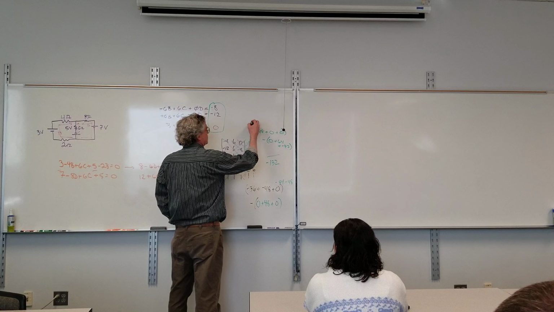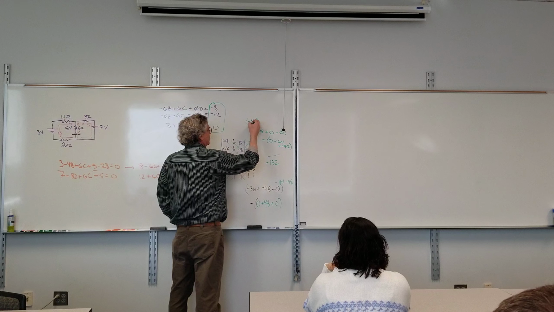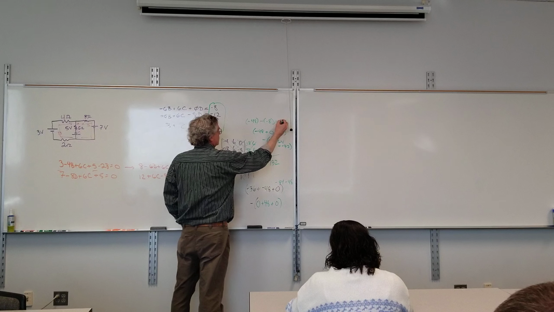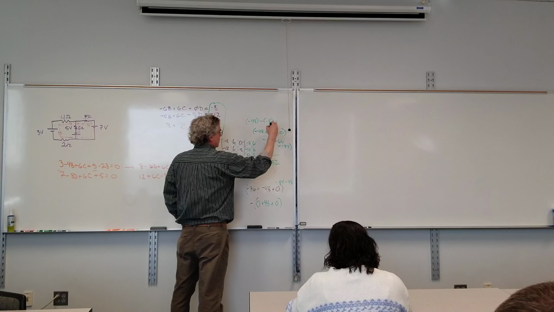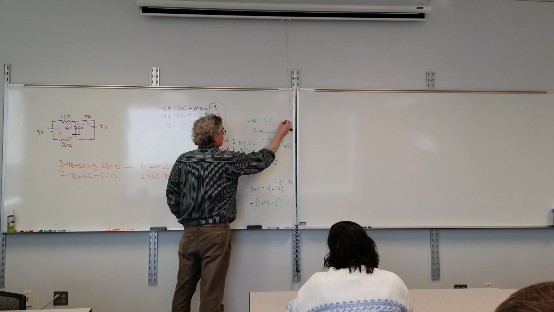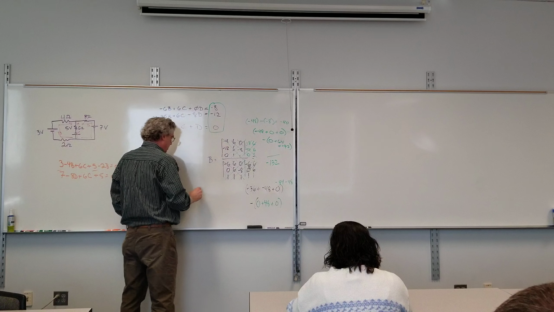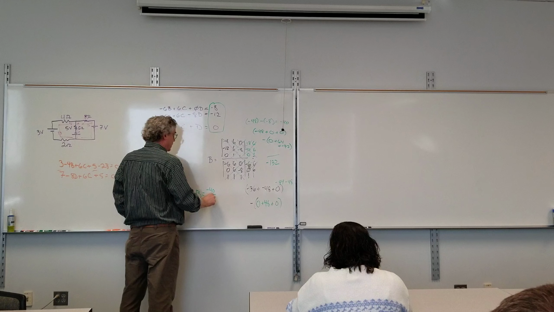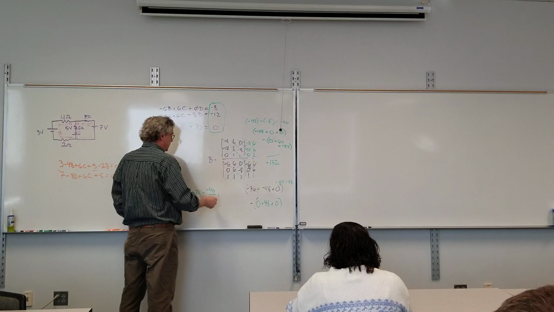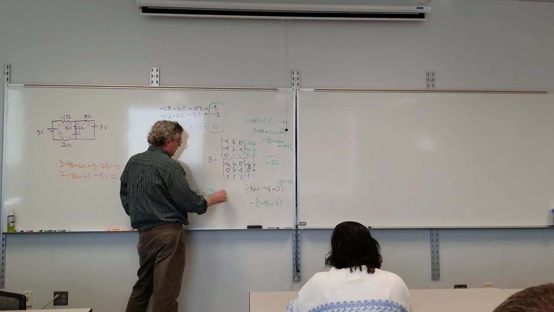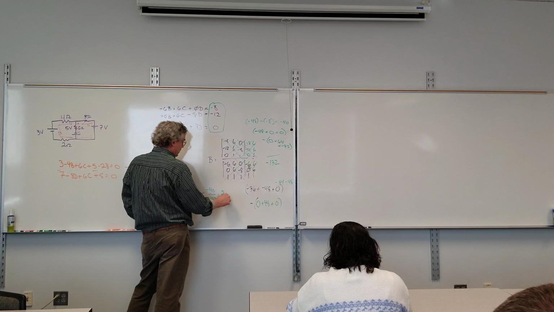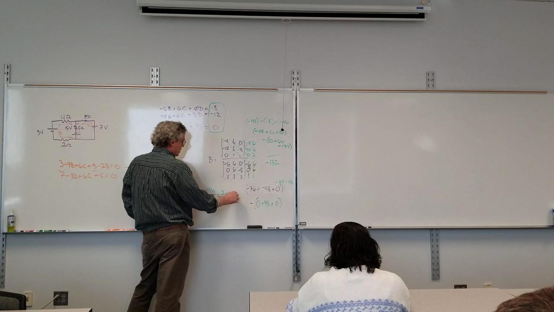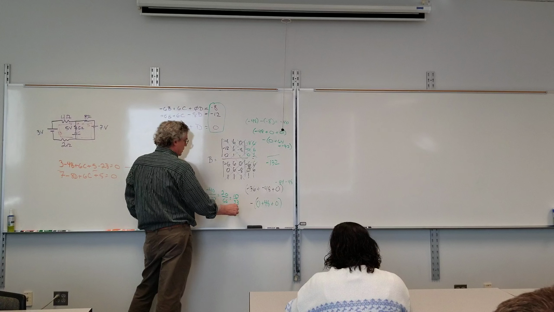So this is negative 48 minus negative 8. And so we minus negative 8, yeah, that's right. So we get negative 40. And so b should be negative 40 over negative 132, which reduces, the negatives cancel out, and I got 20 over 66, which is 10 over 33.